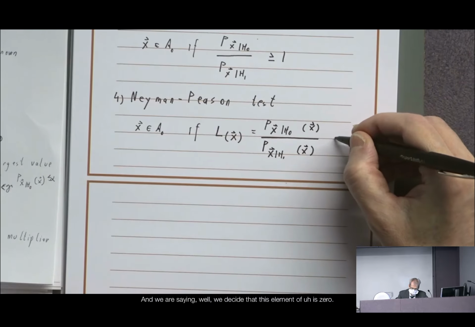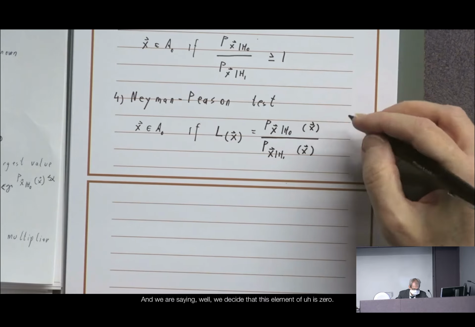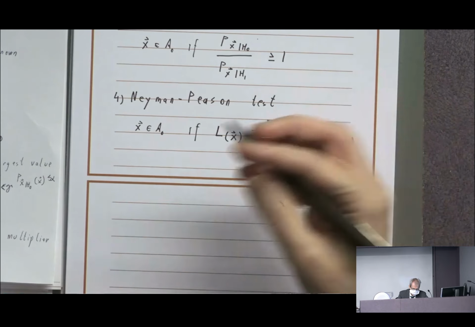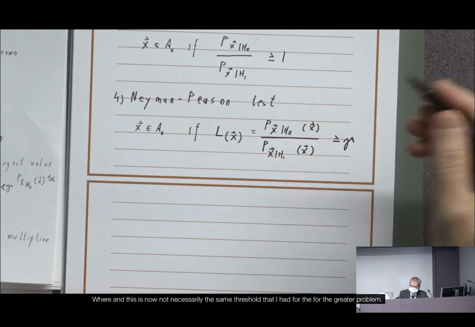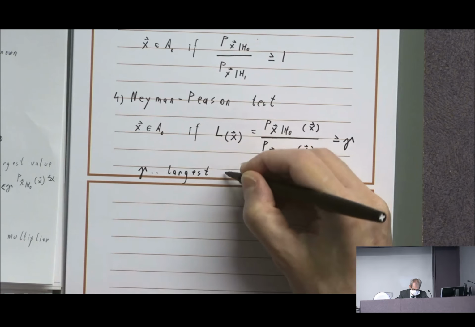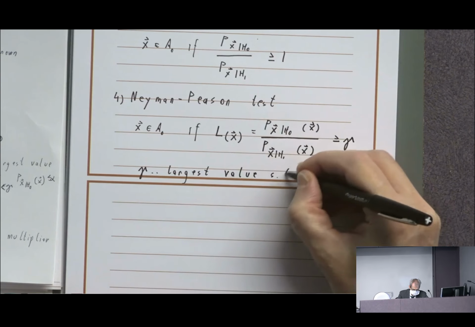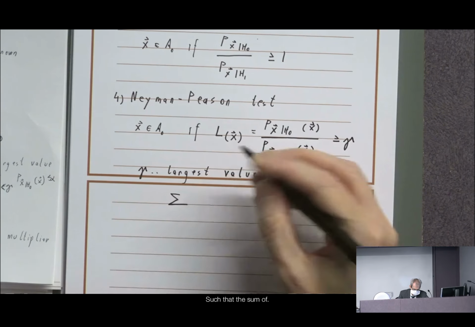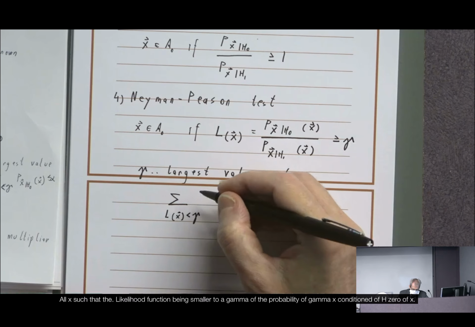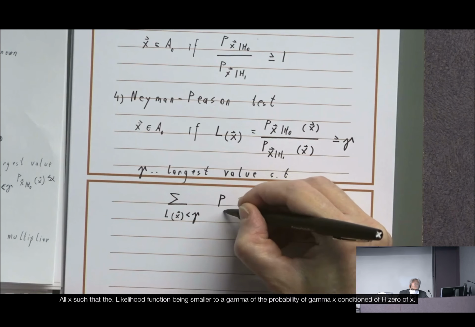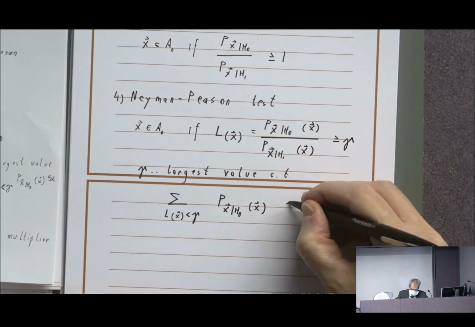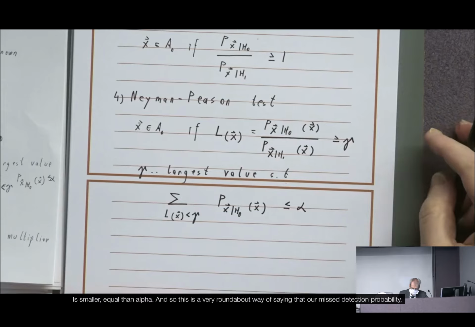And we are saying we decide that it's an element of A0 if this is larger or equal to a threshold gamma, where, and this is not necessarily the same threshold that I had for the radar problem, gamma is the largest value such that the sum of all x with the likelihood function being smaller than gamma, of the probability of x conditioned on H0, is smaller or equal than alpha.